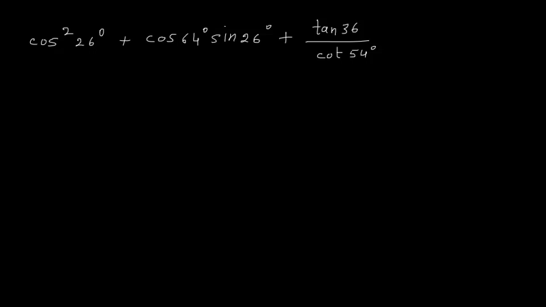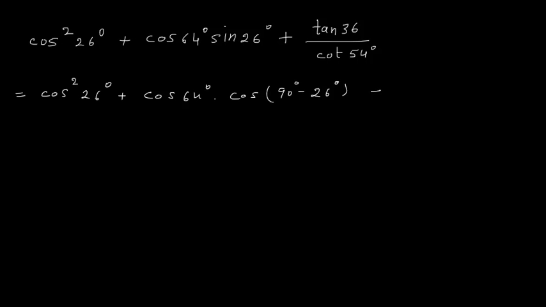Now this cos square 26, I will write as cos square 26 degree plus cos 64 degree, and this sin 26 I can write as cos 90 degree minus 26 degree.